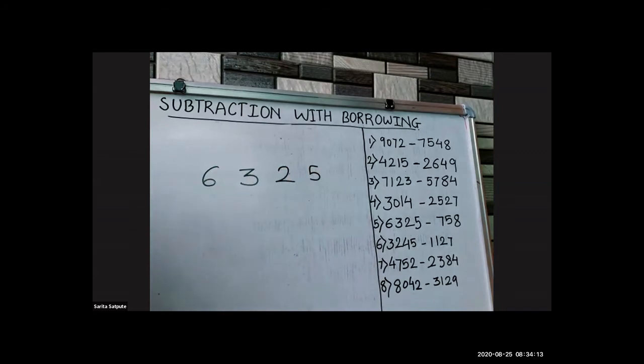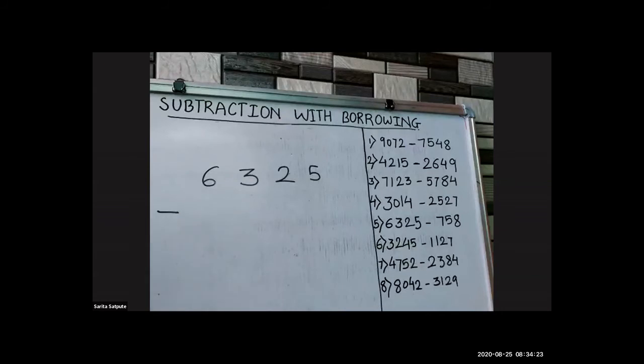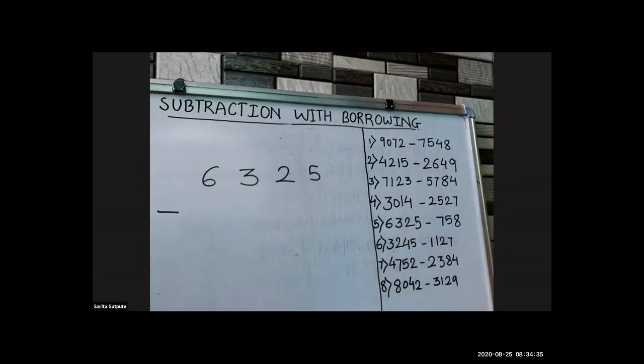Only one student will answer me. Don't answer together. Yes, 758. So you can see here that one number is of 4 digits and the other number is of 3 digits. So from where should I start writing the 3-digit number?